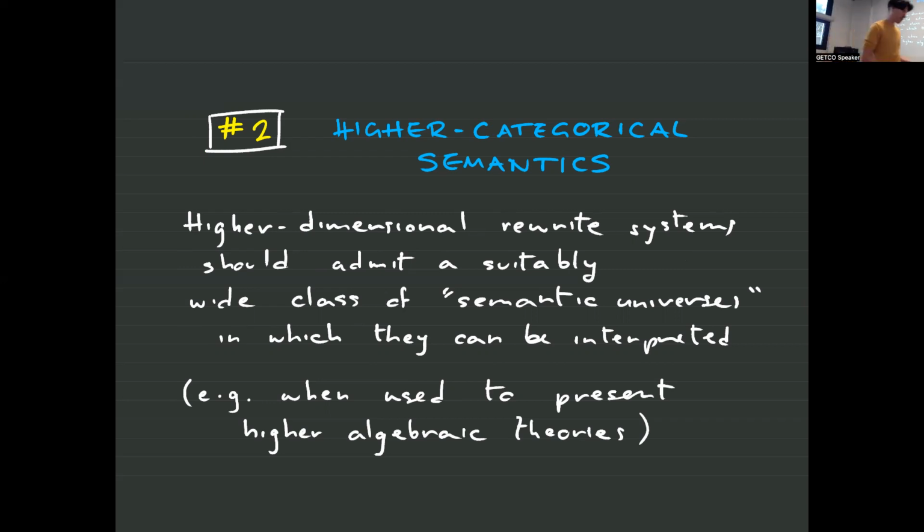And something which is clear to category theorists is that categories and higher categories tend to be natural contexts for interpretation of algebraic theories and high-dimensional algebraic theories. And so once you have a model of high-dimensional rewrite systems, you want to have an associated model of higher categories that can function as universes of models for whatever is presented by the rewrite system.